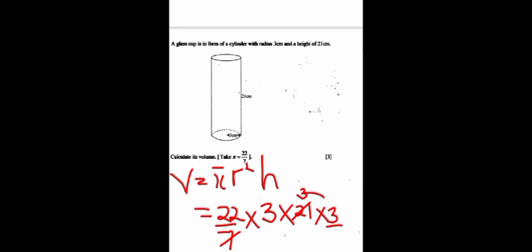Multiplied by 3 and 3 gives me 9. 9 times 6 gives me 54, and then I'll keep the 5. 9 times 6 is 54 again. Adding the carried 5 gives me 59. So cubic centimeters. Just like that.